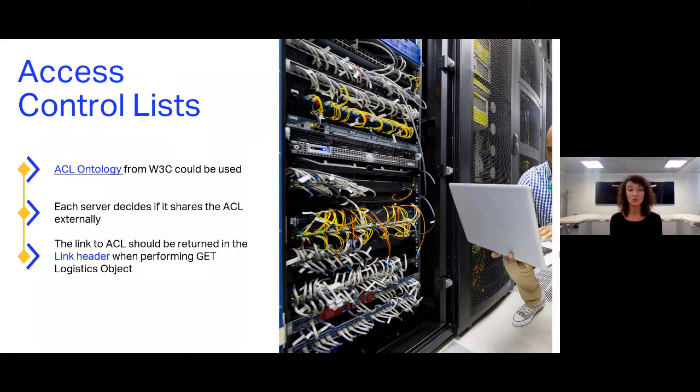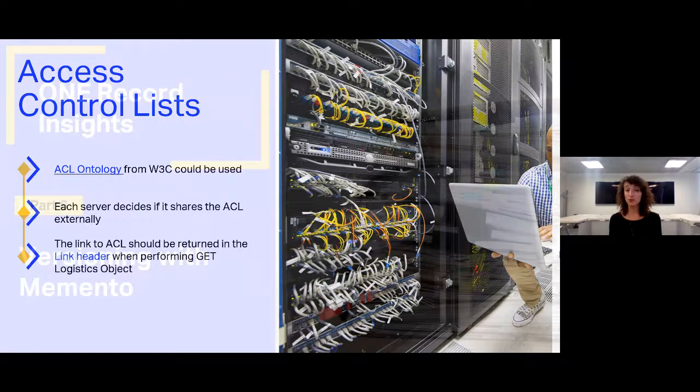But if they decide to share it, they should return it in a link header every time a GET request is performed on a logistics object. Meaning that when I do a GET to retrieve a logistics object, I get the response body containing all the information related to that logistics object, plus a link header which contains just a URL on which I can retrieve the access control list. And on that, I could see what kind of users and groups can access what kind of information related to that logistics object. It's as simple as that.